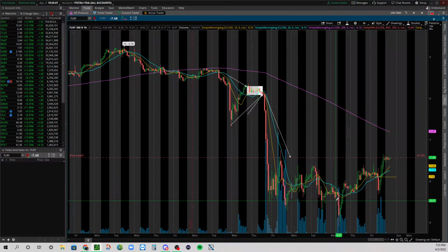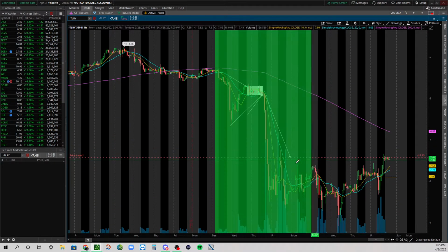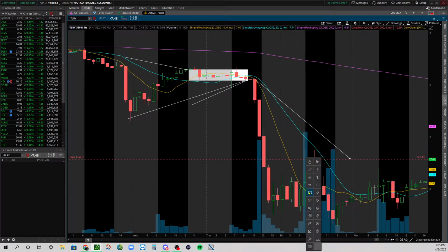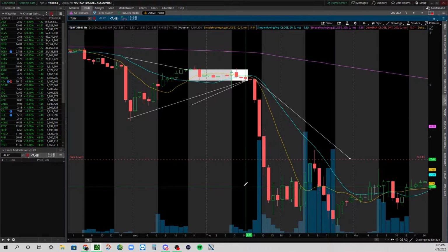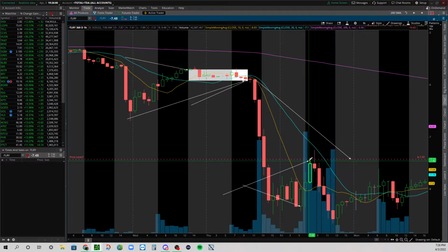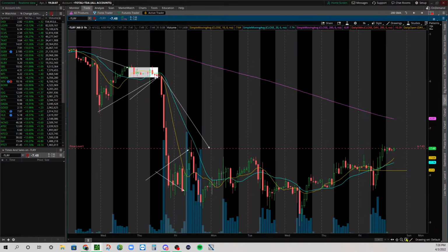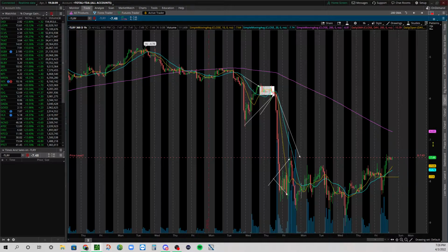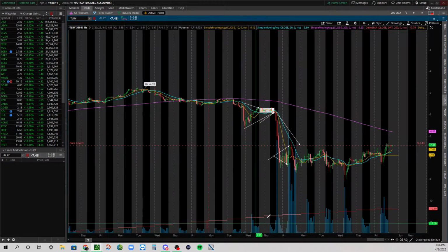But let's say you're getting in on a trade right here, and your profit target is up here. But then you're like, okay, based on this trade, this stock has a high probability that it can keep going down to this level right here, which is the 200 moving average.